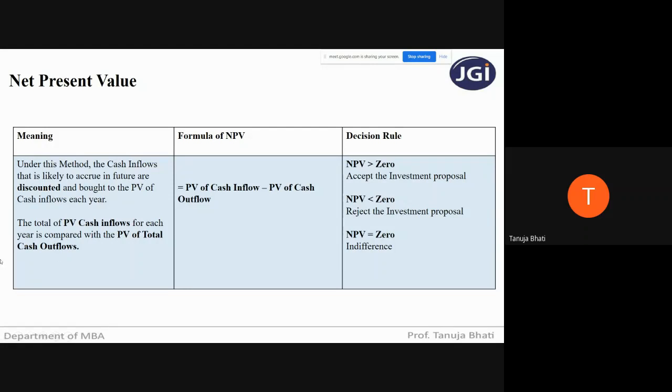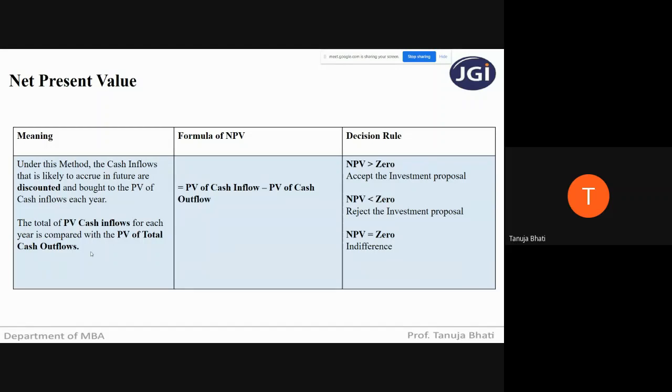Then the total of PV of cash inflows for each year is compared with the PV of total cash outflows. Then the comparison becomes correct, because today's outflow you cannot compare with a future value. So whatever future value inflows you will be getting, you will bring down to the present value, and then you will compare your outflow with your inflow.